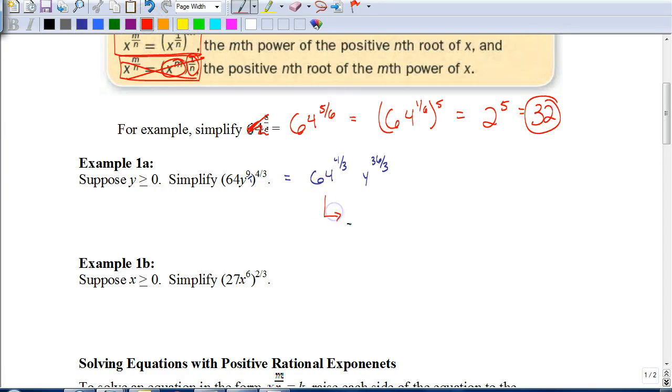Again, I'm going to break this up into the root and then the power. So this would be the third root raised to the fourth power. Well, 4 times itself 3 times gives me 64, because 4 times 4 is 16, and 16 times 4 gives me 64. Now I have to take 4 to the fourth power. Well, I know 4 to the third power is 64, so I'm going to have to take 64 times 4.